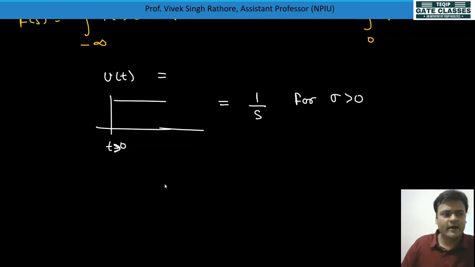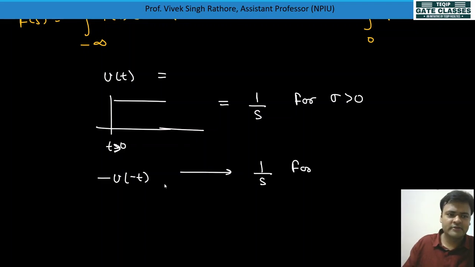Okay, fine. Now you tell me, the Laplace transform of minus u of minus t will be 1 by s only for sigma less than 0. This we have studied earlier.